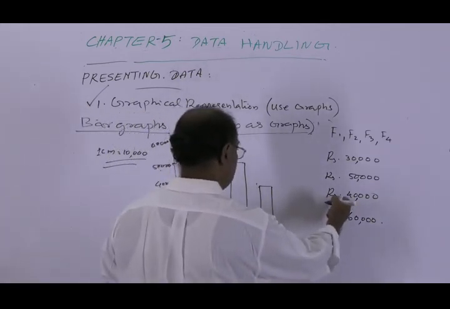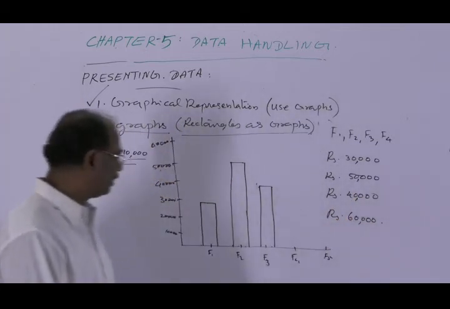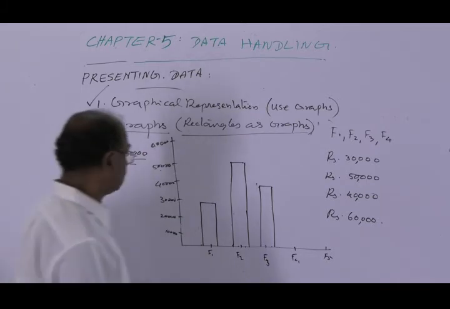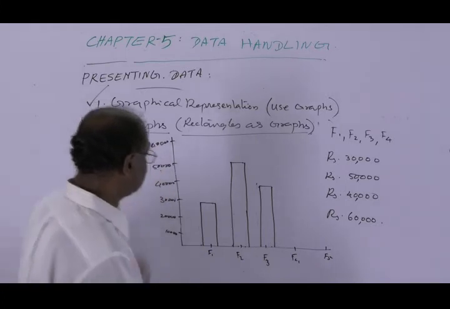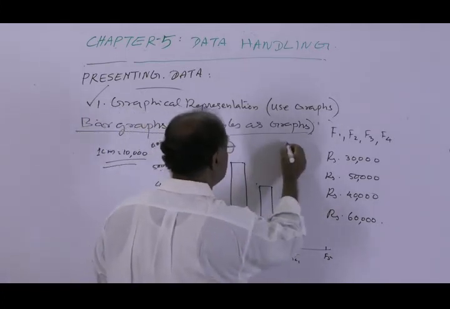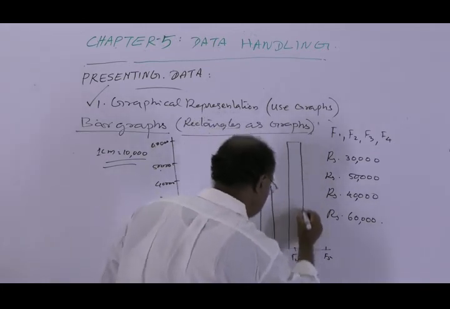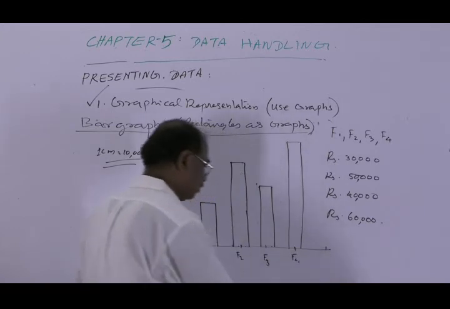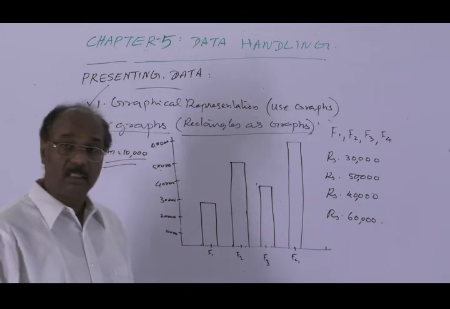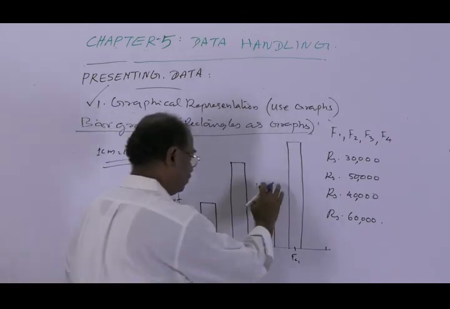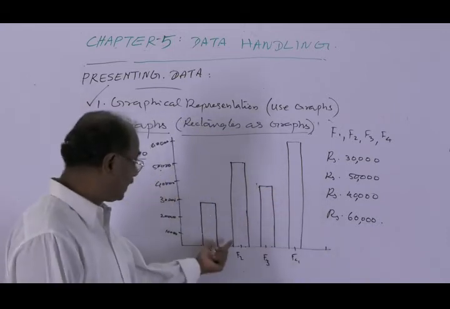Then for the fourth one, it is 60,000. So for these 4 families, we have these 4 bars of the same width, and equal spacing in between two.